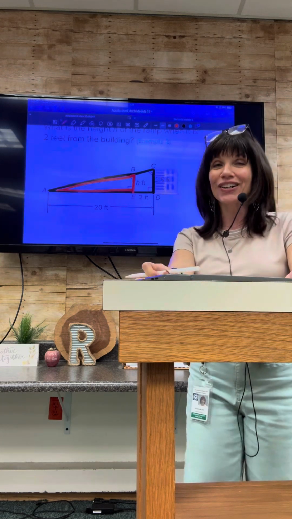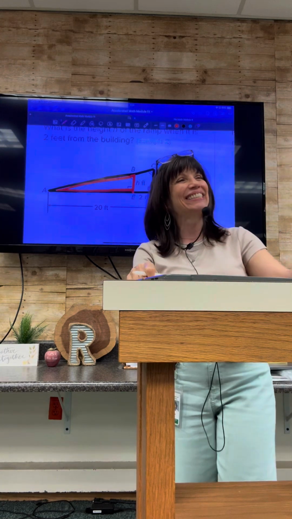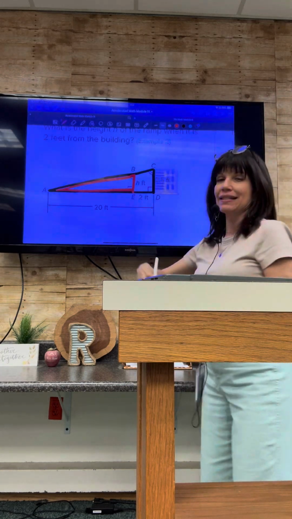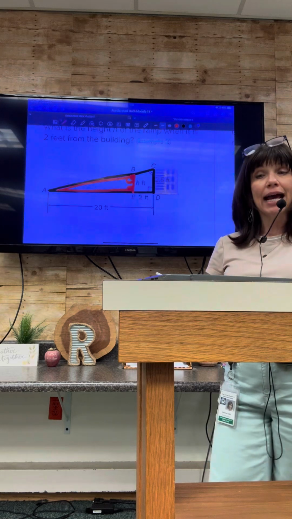Okay, do you agree that the smaller triangle is what I am currently tracing in red? Oh, do we hear the collective? Oh, now I see it. Okay, so in the smaller triangle, do we see a right angle symbol? Yes. Do we also see a double arc? Yes.